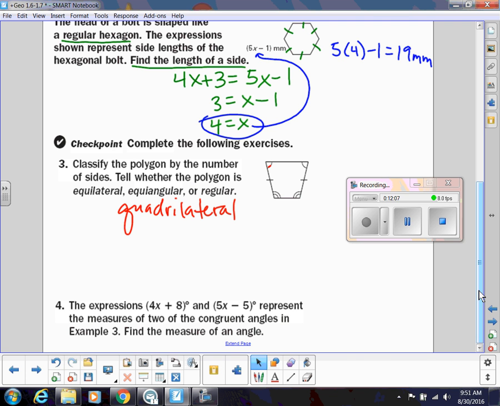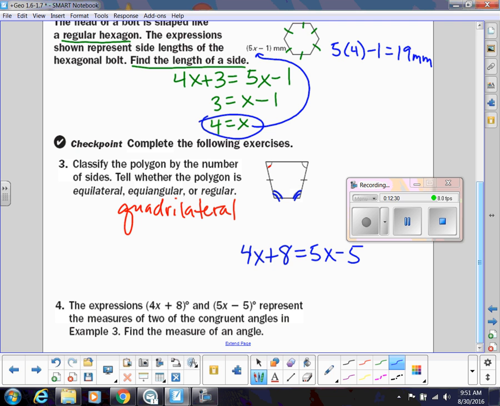Okay, so then in example 4, we have 4x plus 8 and 5x minus 5 representing measures of 2 of the congruent angles in this example 3. Find the measure of one of the angles. Okay, so they're talking about these angles right here. If they are congruent, then we know they're equal to one another. So again, it's just like the previous example.